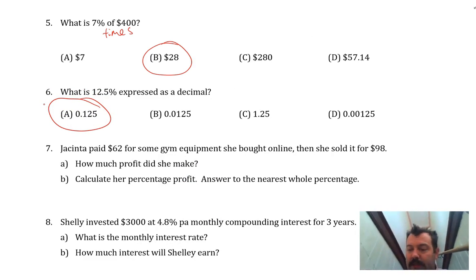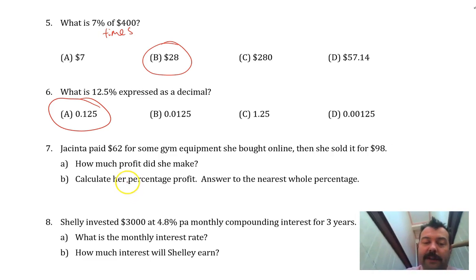Next up, some more interest stuff here. Or profit is sort of like the interest, is what I mean to say. Jacinta buys something for $62, sells it for $98, that means she's made a profit. Right, the profit will be the difference between what she bought it for and what she sold it for.